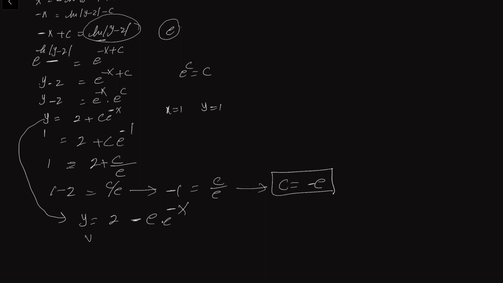So y will be equal to 2 minus e to the 1 minus x, since e times e to the negative x is e to the exponent 1 minus x. And that's going to be my equation here for the y he's asking for. So y equals 2 minus e to the 1 minus x.